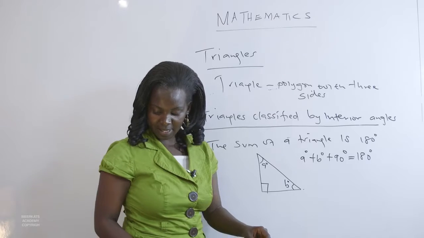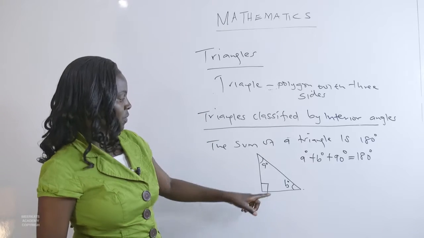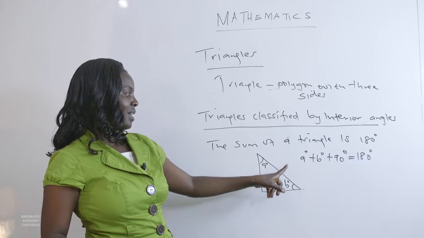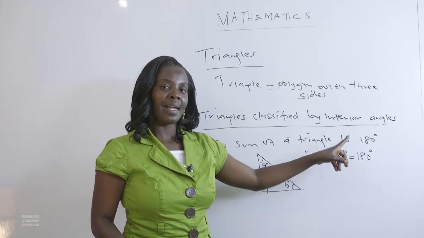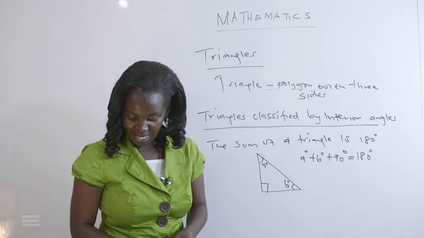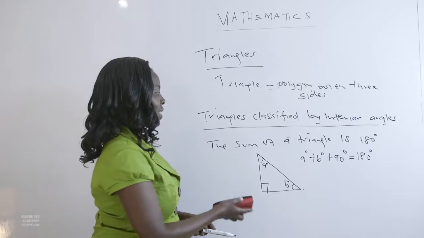When we are given a right angle triangle, we already know one angle, that is 90 degrees. Then we are supposed to find A and B, and A and B plus 90 should give us 180 degrees.